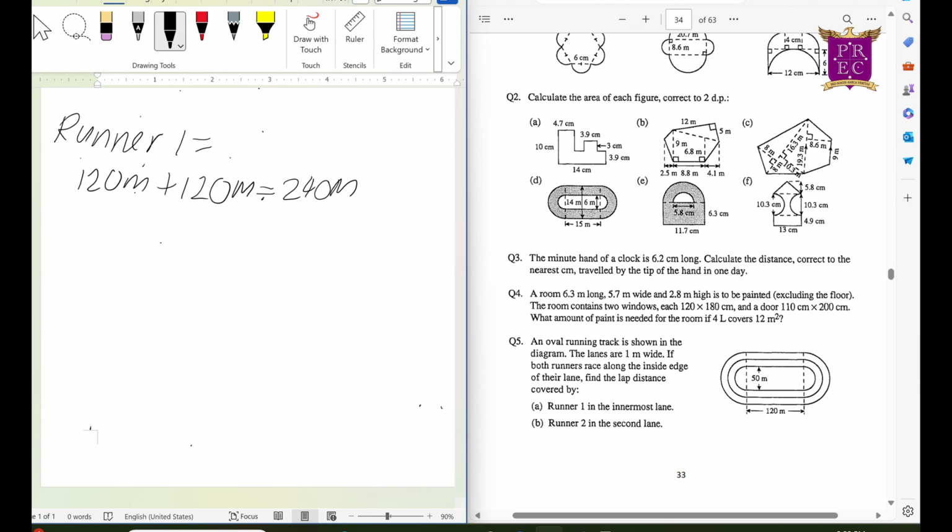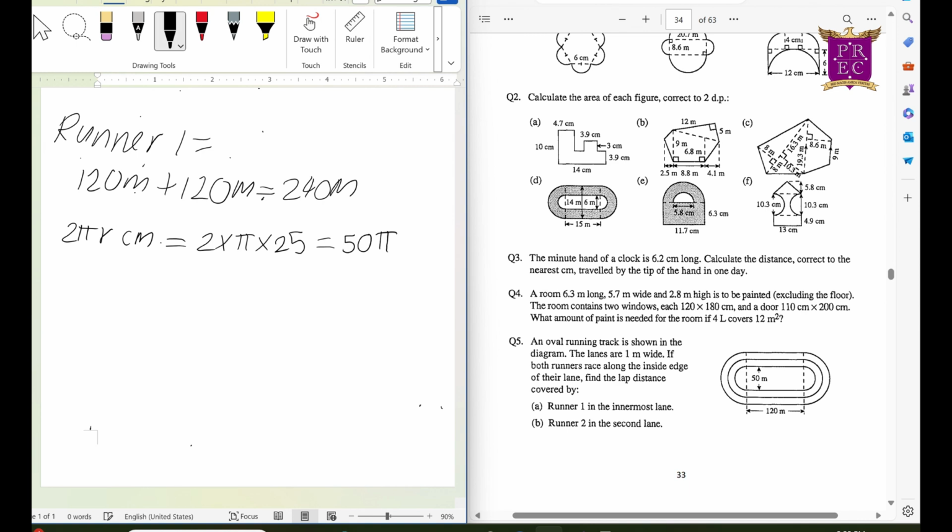So we do 25. What's the formula for the circumference of a circle, guys? 2 pi r. So we do 2 times pi times r, which is 25 because the diameter is 50, divided by 2. So the answer is 50 pi.